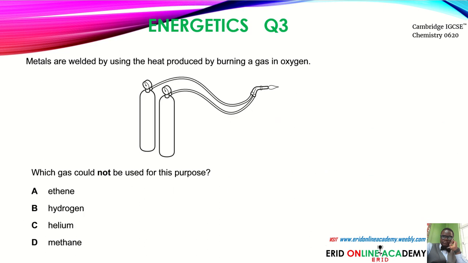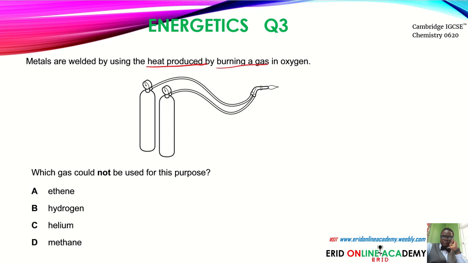Okay, metals are weathered by using the heat produced by burning a gas in oxygen. Which gas could not be used for this purpose? Okay, so let's look at the gases. Let's do analysis. Heat produced by burning a gas in oxygen.